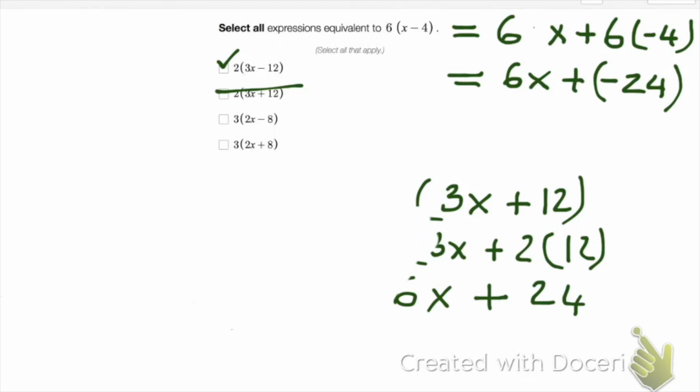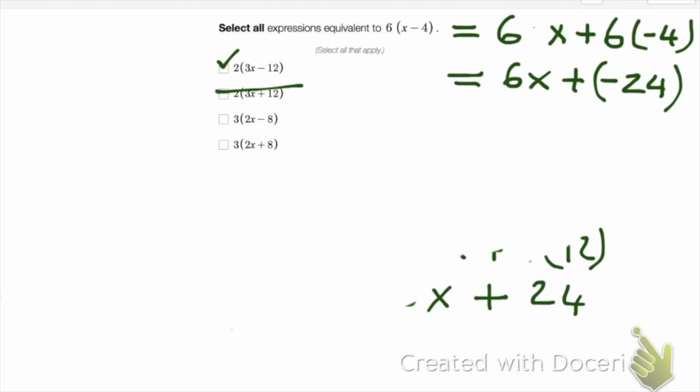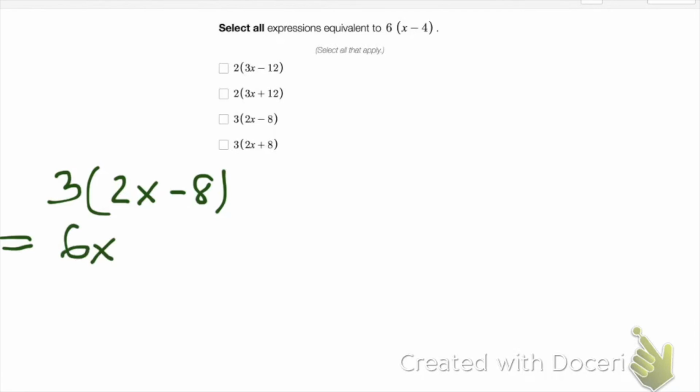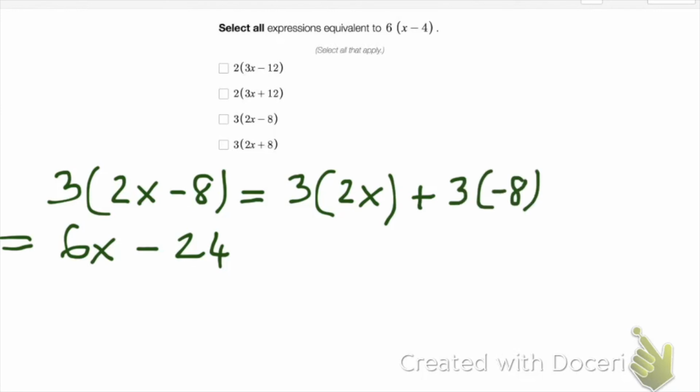We need to test those two. 3 times 2x minus a: this is 3 times 2x plus 3 times negative a, and that equals 6x minus 24.